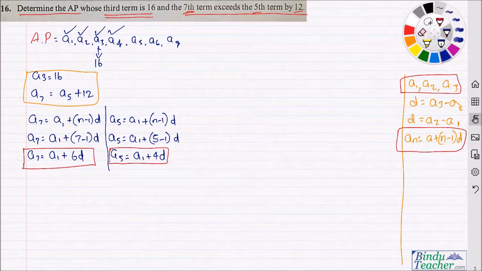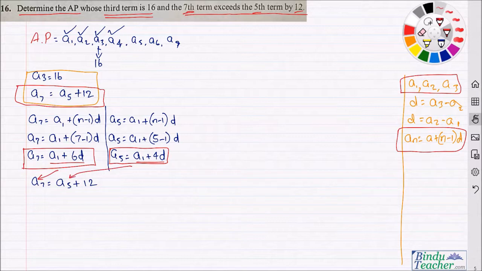Now let's look at the second equation that we got, which is A7 equals A5 plus 12. Let's write this formula here. A7 equals A5 plus 12. This is what has been given in the question. Now here we know the value of A7, which is A1 plus 6D. We also know the value of A5, which is A1 plus 4D. So let's substitute these values in the second equation that we wrote.